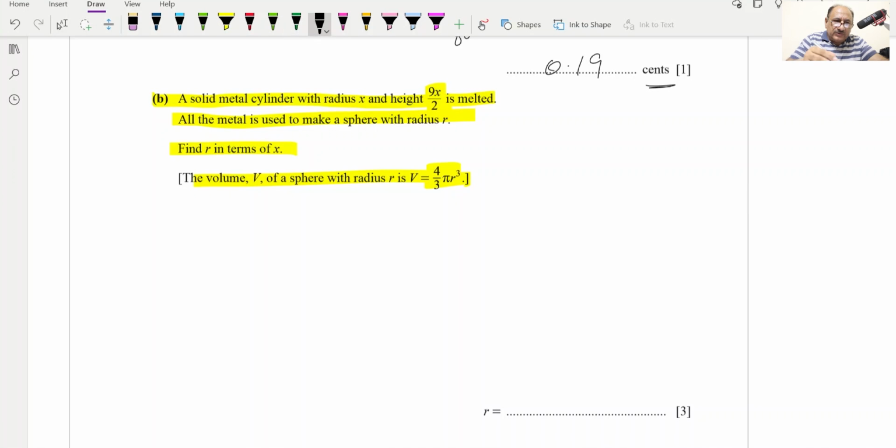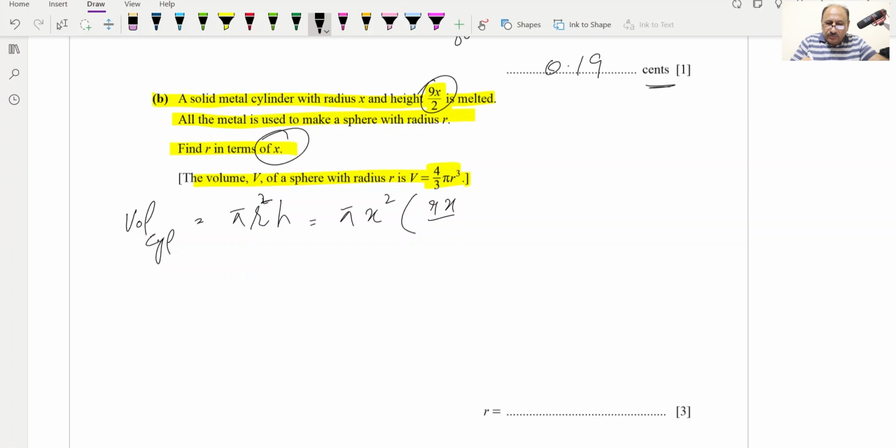So volume of cylinder will be equal to pi r squared multiplied by h. So pi r square, because it's circular, so pi and r is x, so x squared into 9 by 2, this is height, so 9x by 2, and this will be equal to what?